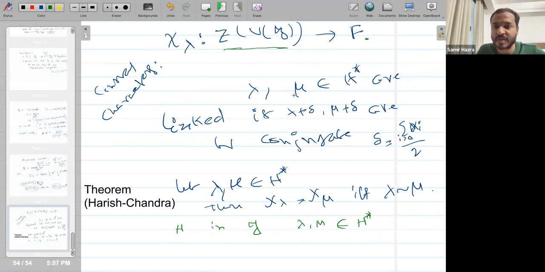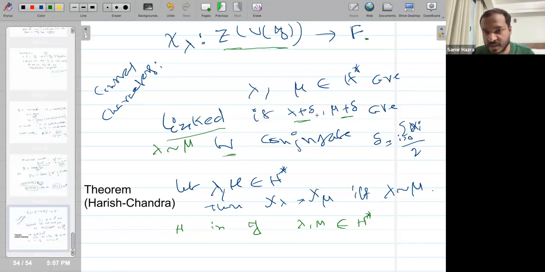Basically, if we take lambda and mu in H star, then they are called linked. The notation is: lambda linked to mu, if lambda plus delta and mu plus delta are conjugate with respect to the Weyl group. So the Weyl group acts on all of this. If somehow they are conjugate under W, they are called linked.